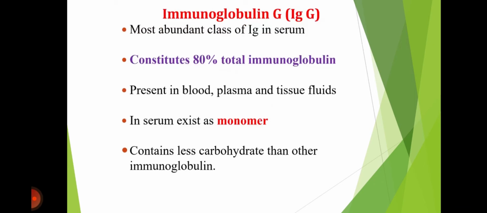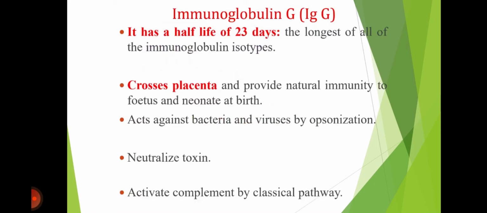In serum, it exists as monomer. It contains less carbohydrate than other immunoglobulins. Immunoglobulin G has a half-life of 23 days, the longest of all the immunoglobulin isotypes.